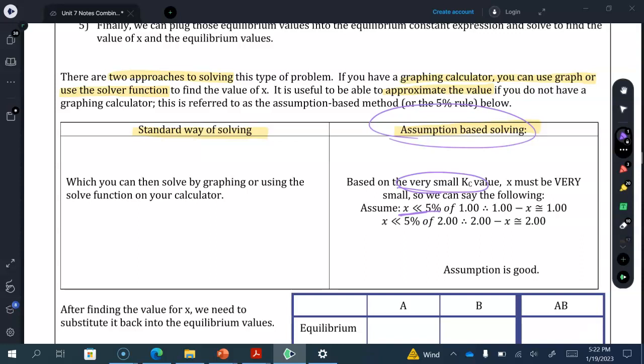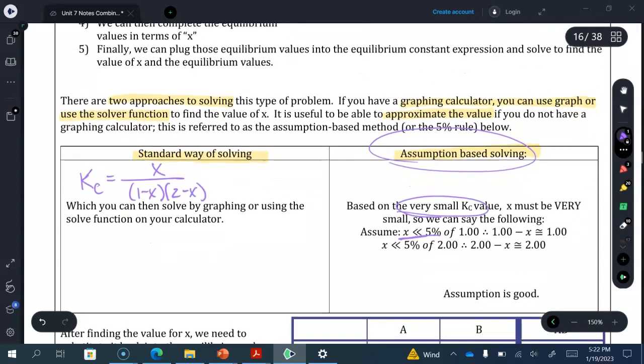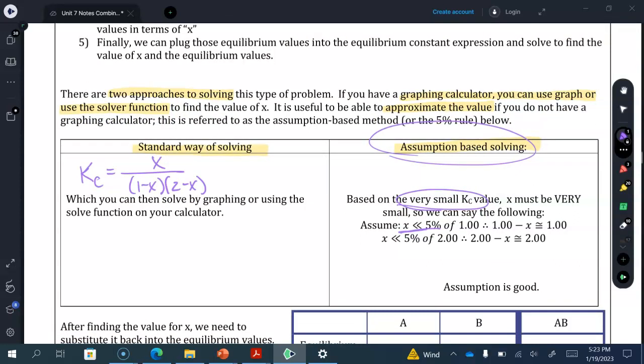So when we do the standard way of solving and set up our K value, Kc is equal to X over 1 minus X times 2 minus X, using our equilibrium values up here, and that has to equal 0.0034, which is 3.4 times 10 to the negative 3, which was our equilibrium constant given.